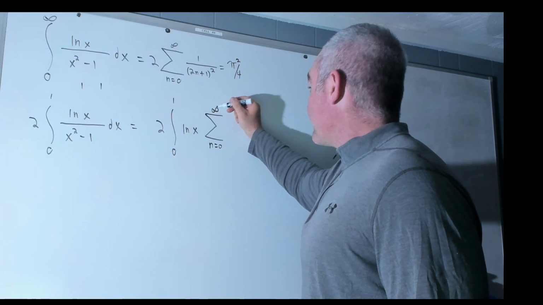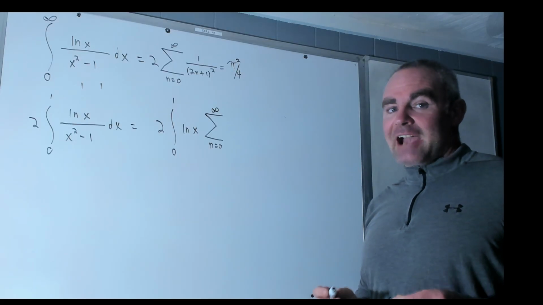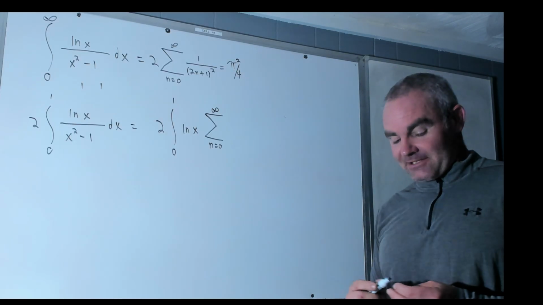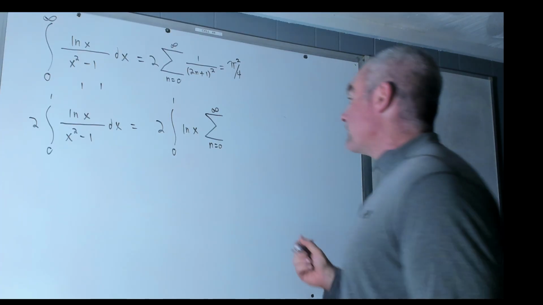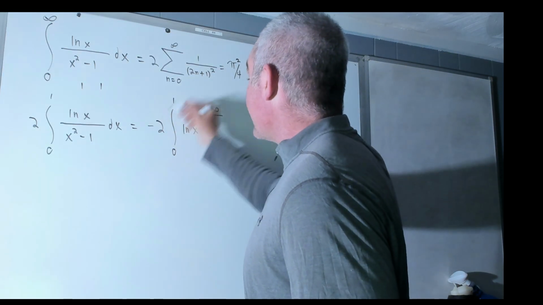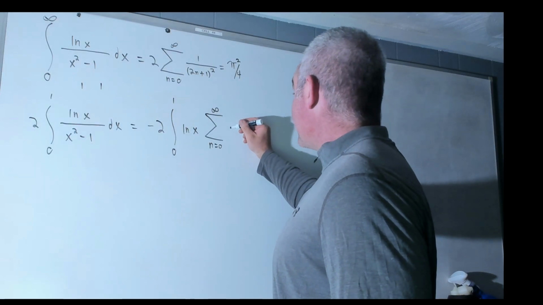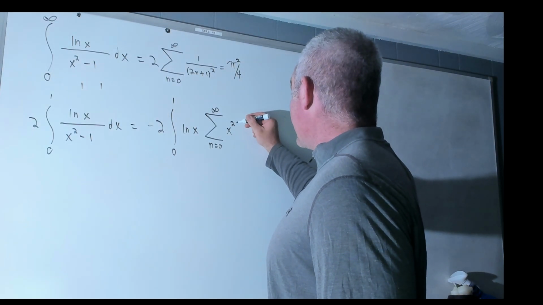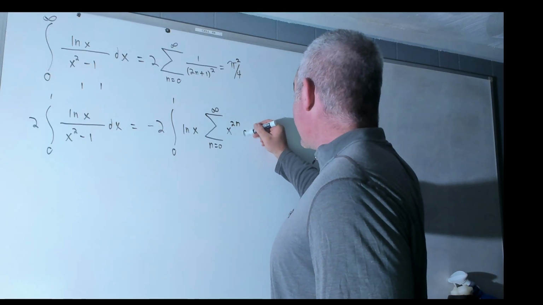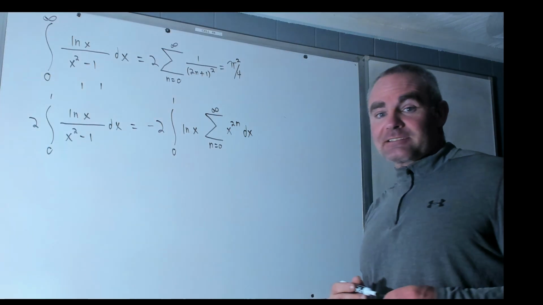And we have to be careful here because our series actually assumes 1 minus x squared. So we're going to have to add a negative there. So we're going to put a negative outside, and then that becomes x to the 2n. And then we can't forget our dx.